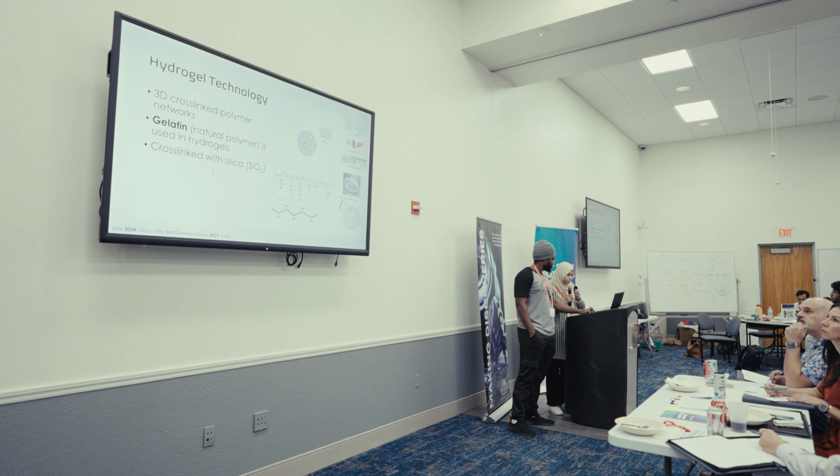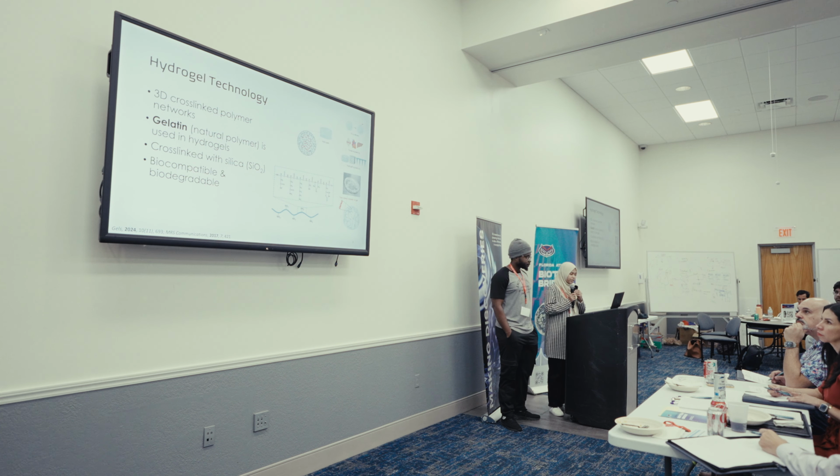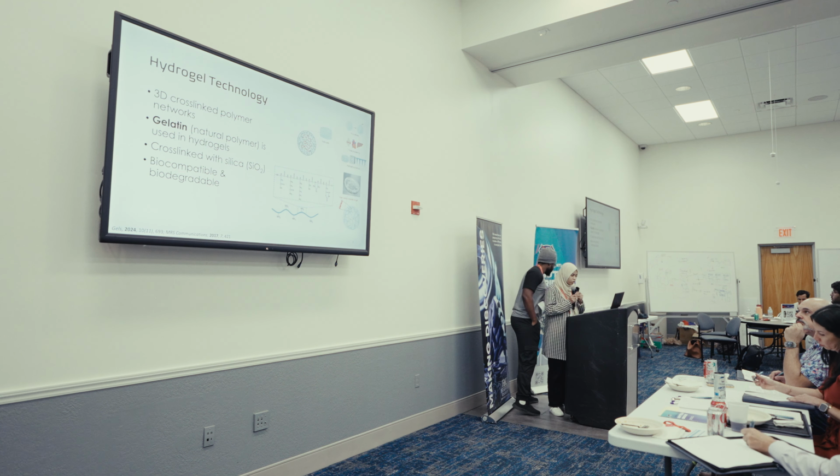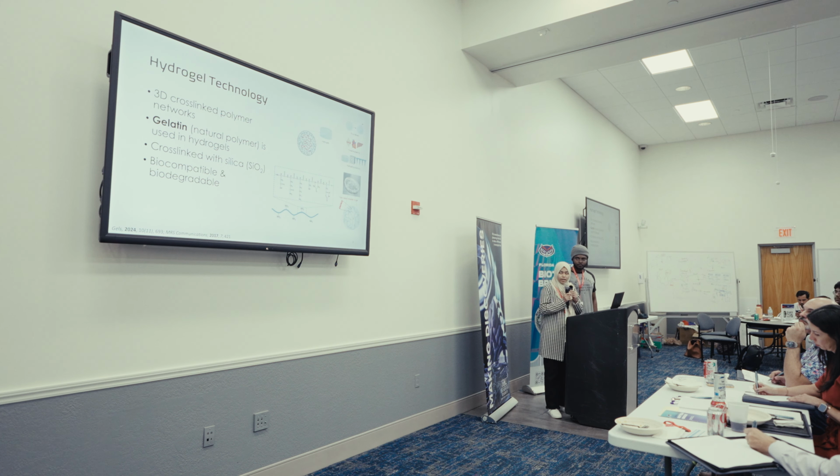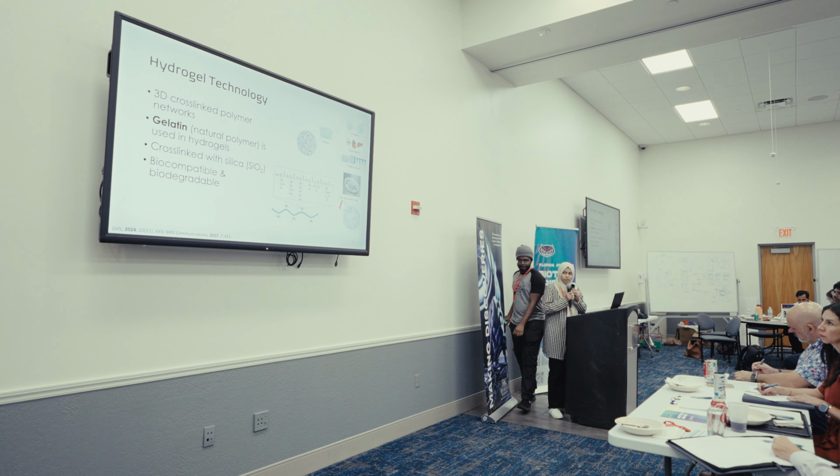Okay, hello everyone. So this is hydrogel. Hydrogels are 3D cross-linked polymer networks that contain a large amount of water, and it also uses gelatin, a natural polymer made from the hydrolytic degradation of protein from collagen, and it has a distinctive structure which gives it several medical benefits.